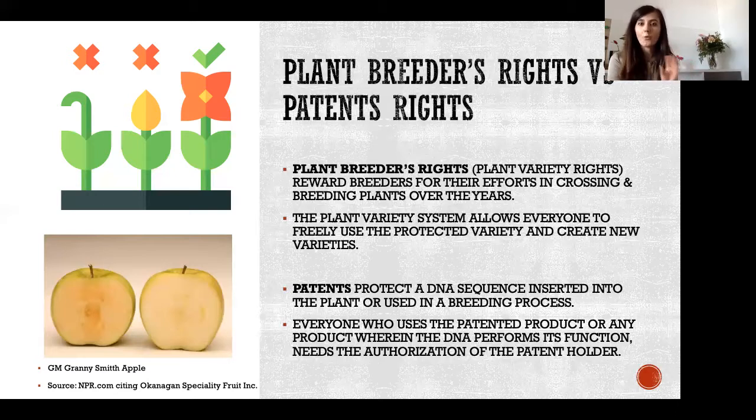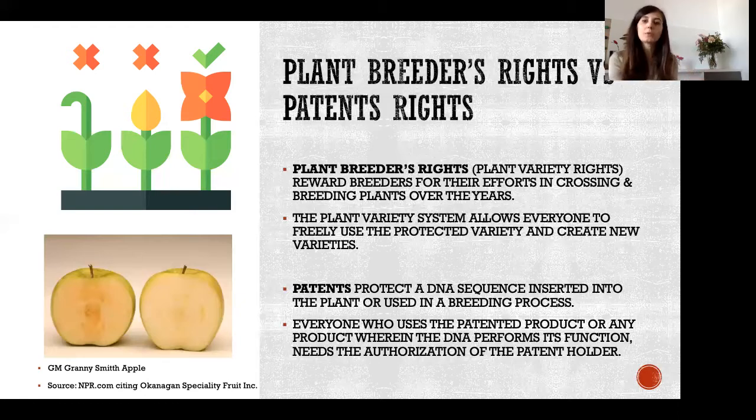In practice, when we have patents on DNA sequences, the patent rights would extend everywhere this patent element, that is the DNA, is inserted and performs its function. So in practice, patent rights can extend to a plant variety.